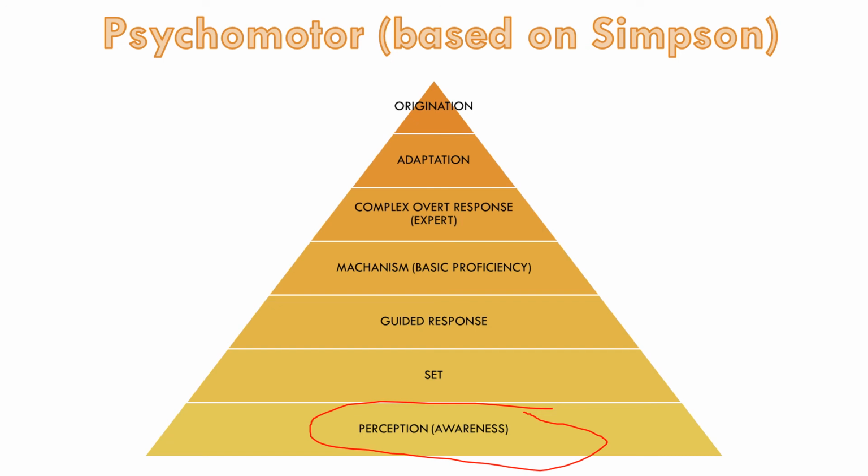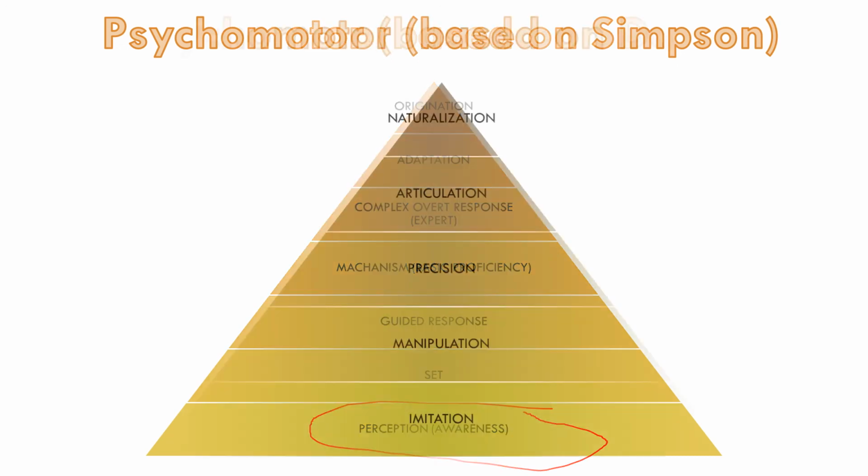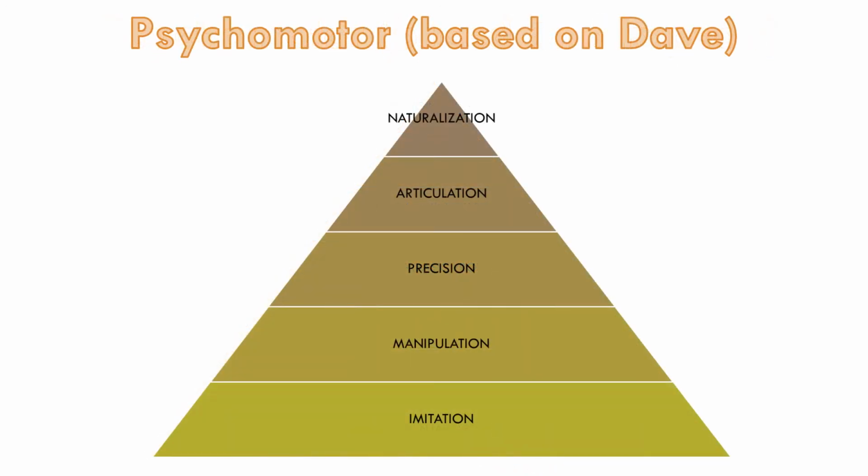And then the highest one is doon na parang execution. Okay? So coming from perception, awareness, and then set, guided response, mechanism, we have here the complex overt response, adaptation, and origination.